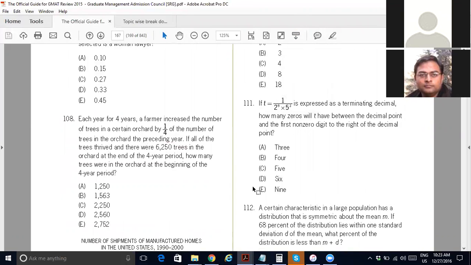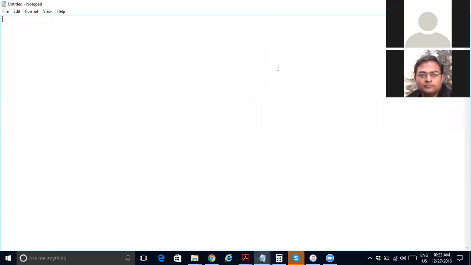I managed to get till 1 over 2 cube into 5 cube into 2 to the power of 6, which means it's 1 over 1000. Actually, don't worry about this. I'll go back and check it. I don't want you to waste time on this.